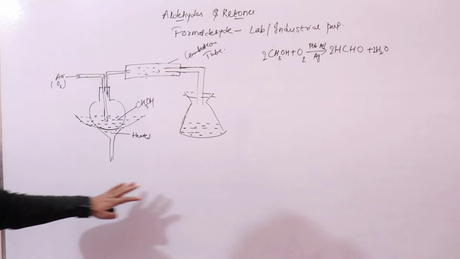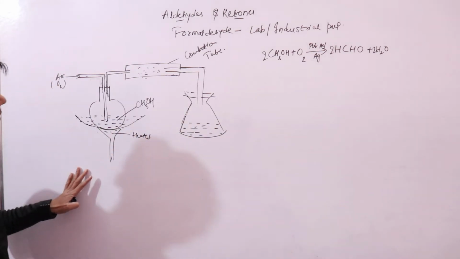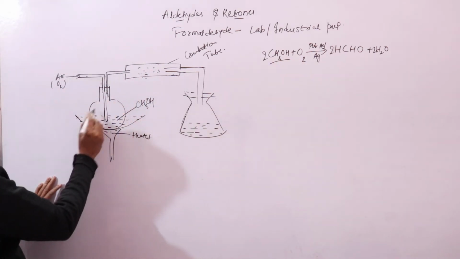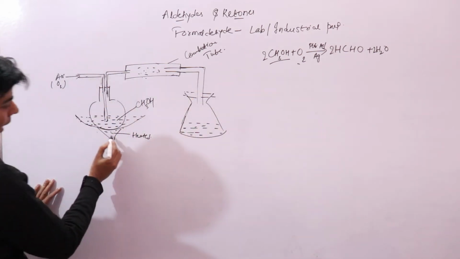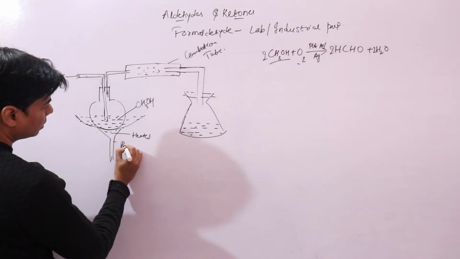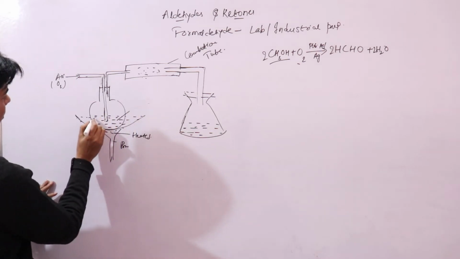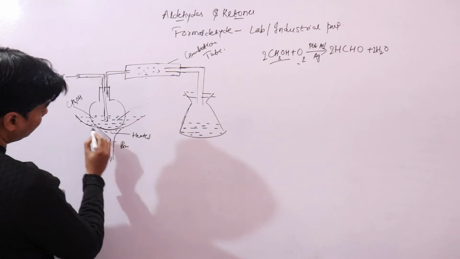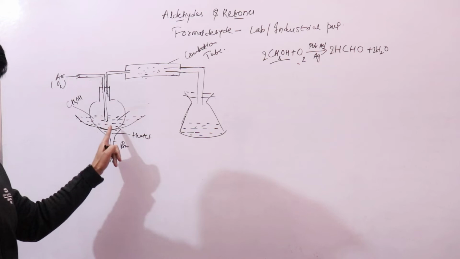Now look at this equation and then look at this setup, it's easy to understand. Your methanol vapors are in this round bottom flask, and your oxygen is sucked in from outside. This burner will heat the methanol contained in this round bottom flask.